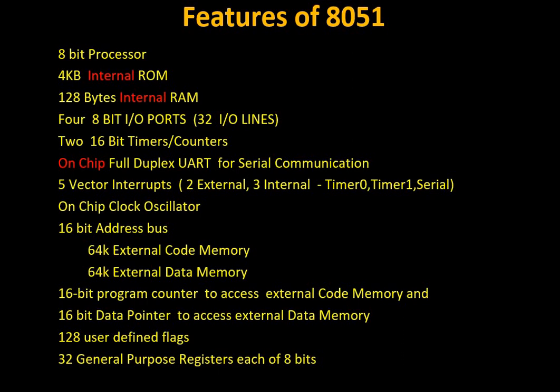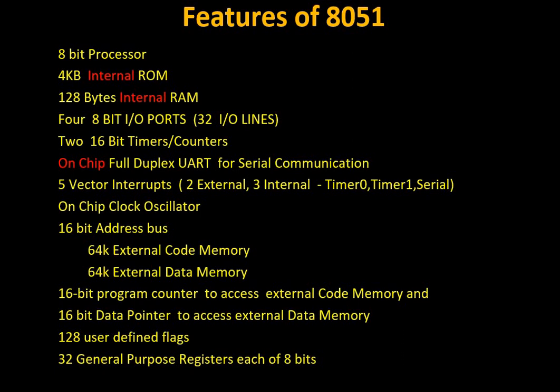Okay, 2 16-bit timers and counters, then on-chip full duplex UART for serial communication, then 5 vector interrupts, that is 2 external and 3 internal: timer 0, timer 1 and serial. Okay, an on-chip oscillator is also present.